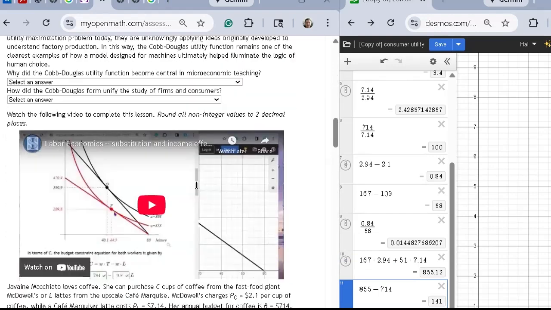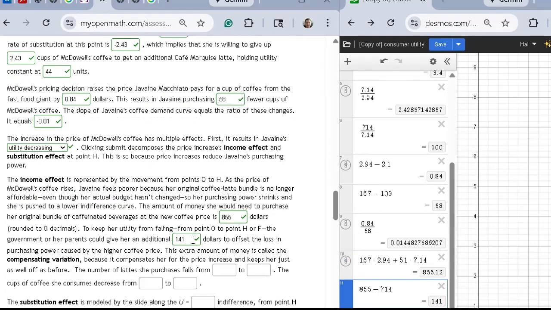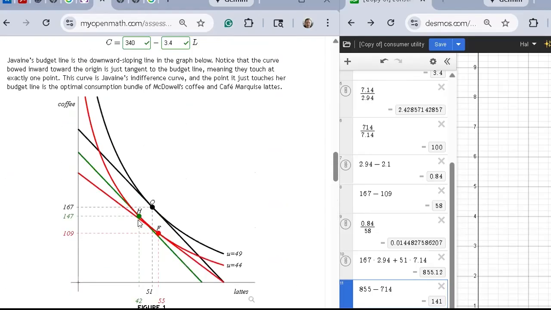So the price change feels like her income fell $141 because that's the amount of money she would need to go back from H to O. That's why this is called the income effect. Now, if this problem were not about the price change and it was just about changing her income by $141, the red dot would not exist.